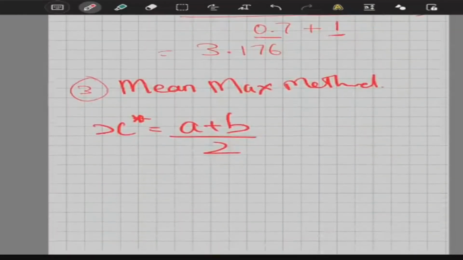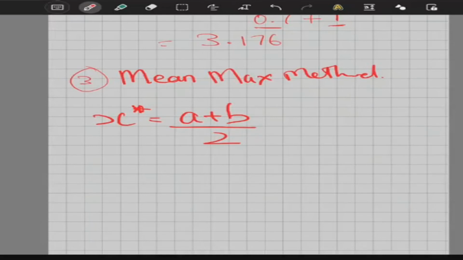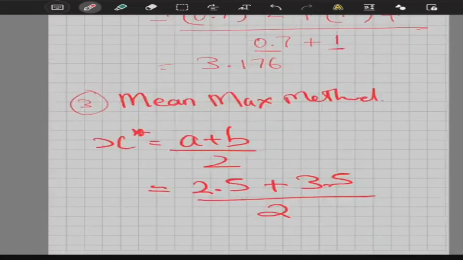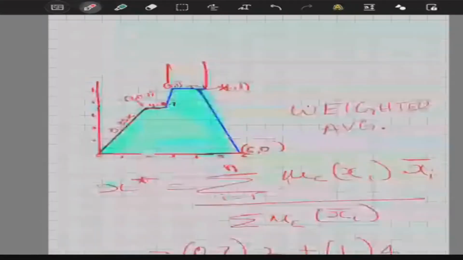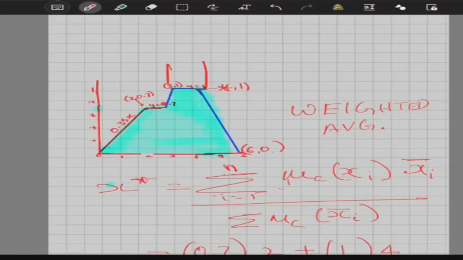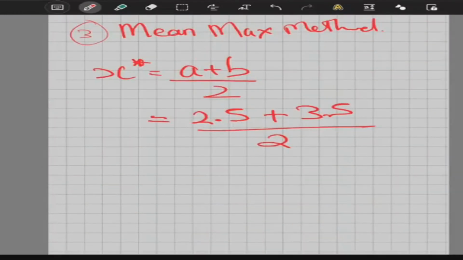So (a plus b) by 2 for each of these classes. So it is going to be 2.5, because it is the mean of the maximum values. This is the maximum value of this class, and this is the maximum value of this class, mean of the maximum values. So it is (2.5 plus 3.5) by 2, which is 3.